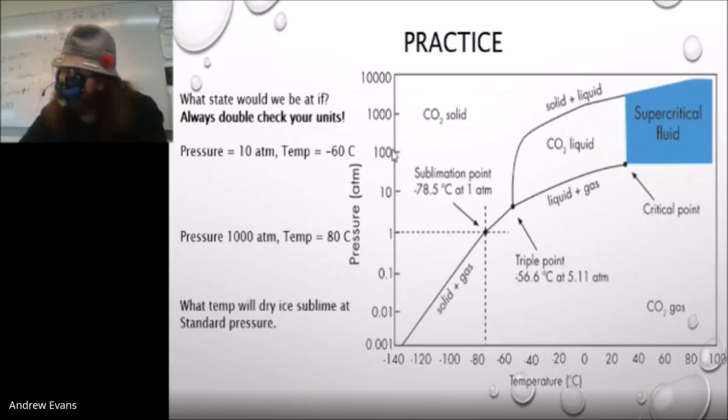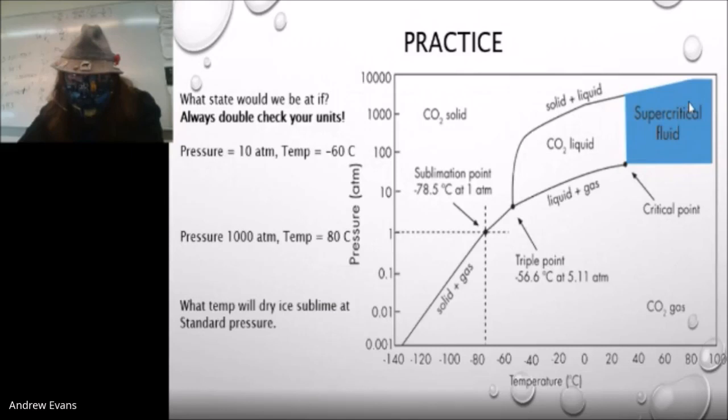No, that's 100. So 20 would be a little past 10. So CO2 is a solid if you pressurize it to 10 atmospheres and chill it down to negative 60. At 1,000 atmospheres, right up here, but 80 degrees C, you can achieve a supercritical fluid.